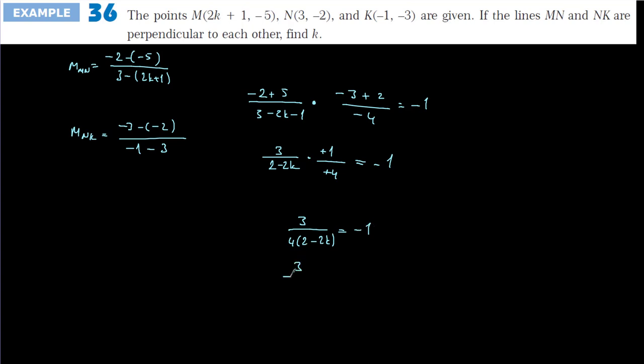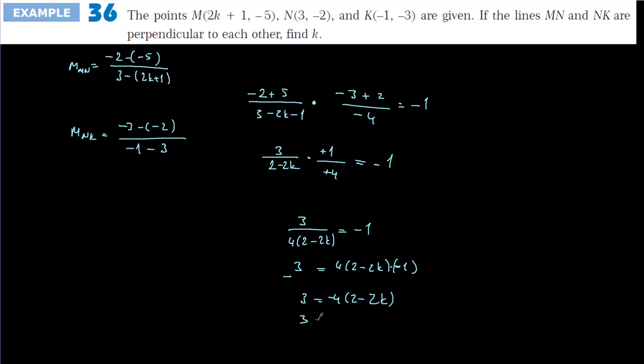Actually, I'm going to multiply like this: 4 times 2 minus 2k, times minus 1, which means that 3 is equal to minus 4 times 2 minus 2k.